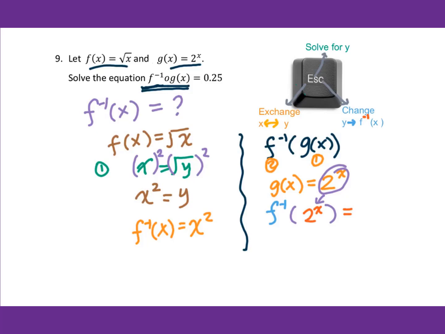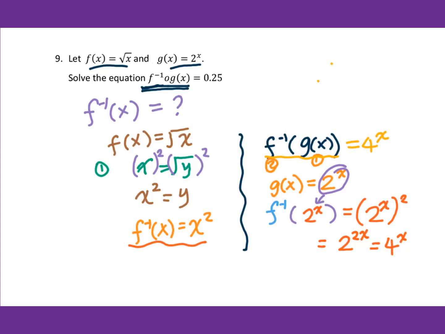Therefore, for every single x in the inverse f of x function, you have to turn it into 2 to the x power. So I got 2 to the x power, then squared. Power of a power, we multiply, so 2 to the 2x. That means 2 squared is 4 to the x power. In other words, this part equals 4 to the x power. Now I can set up 4 to the x power equals 0.25, because this one equals 0.25.